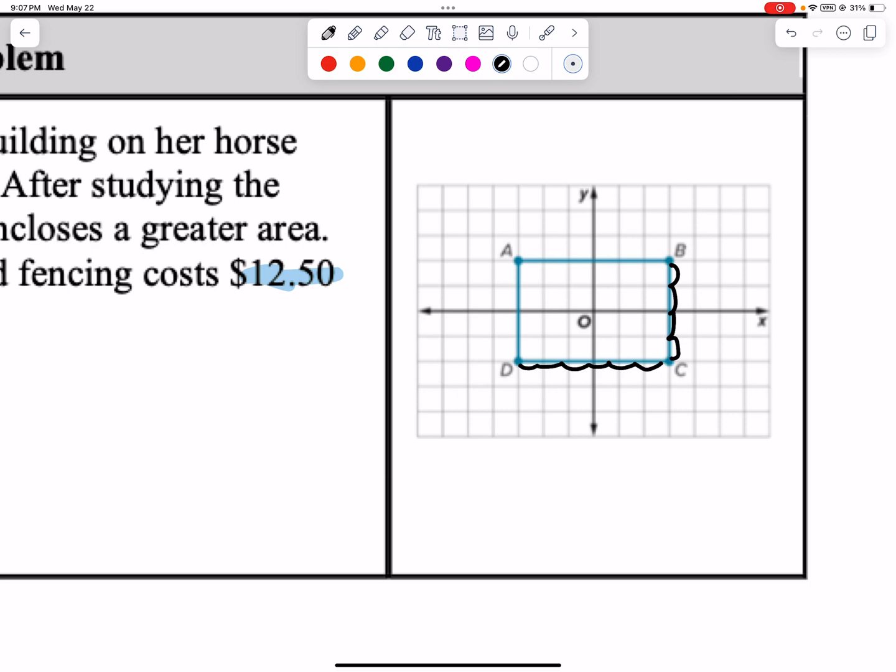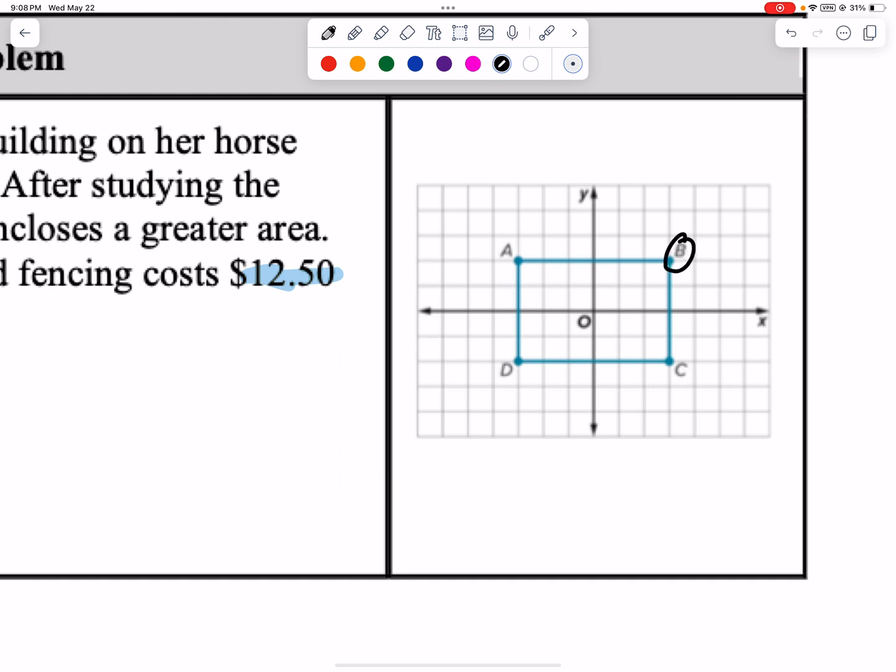For this one though, remember, there's a couple ways to enlarge or dilate something. You could dilate from a point. So if I dilated from point D, I would just enlarge this length and this height, and it's going to expand out from D. If I want to expand out from the origin, I'm going to pick an ordered pair and dilate all the ordered pairs.